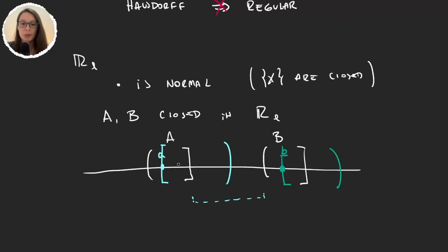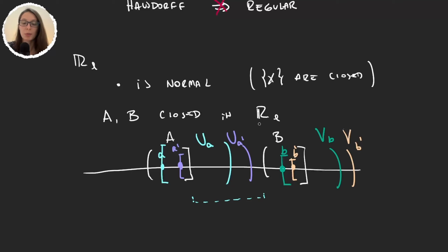And I can continue doing this for every element in A and every element in B. So let's call these sets U_a for the elements in A and V_b for the elements in B. So obviously all these sets U_a will be disjoint from the sets V_b for every a and every b in A and B respectively.